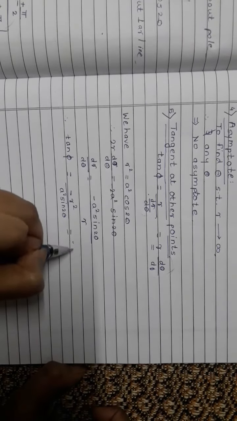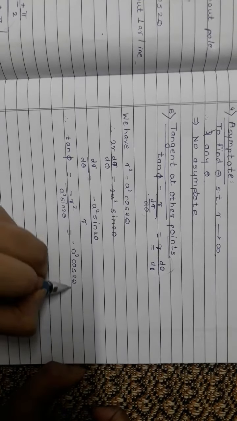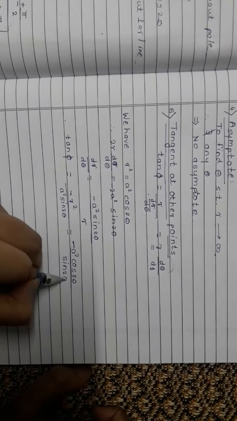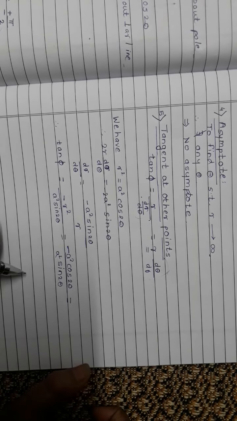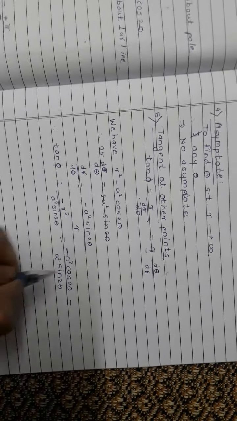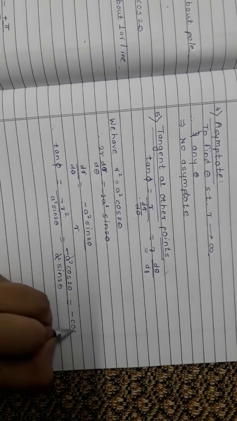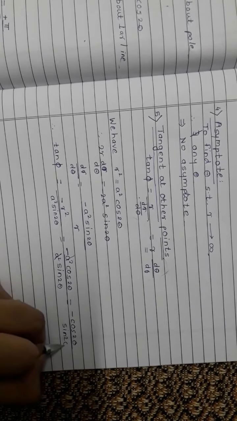Substituting r square is a square cos 2 theta, with negative sign, divided by sin 2 theta multiplied by a square. This gets cancelled. So what remains here is minus cos 2 theta divided by sin 2 theta.